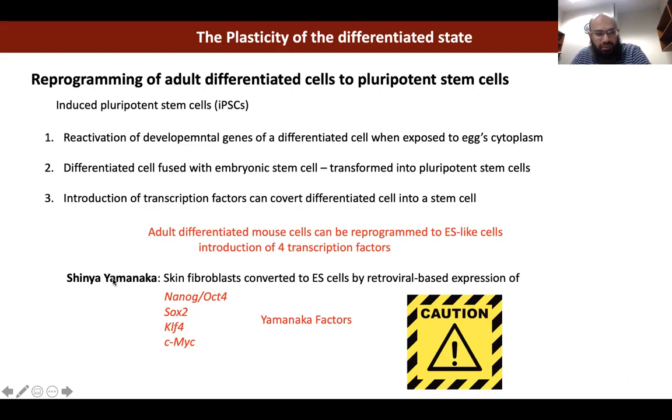So when Yamanaka introduced these genes into the skin fibroblasts by retroviral expression, and then selected cells, very few of the cells actually were expressing these transcription factors. So it's not easy to express these transcription factors.